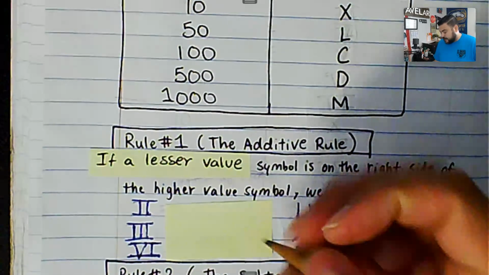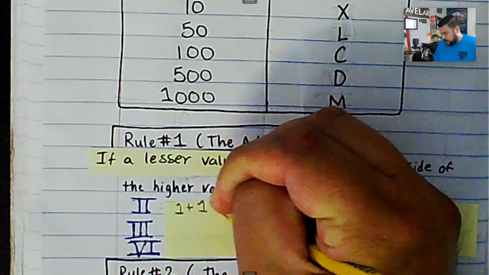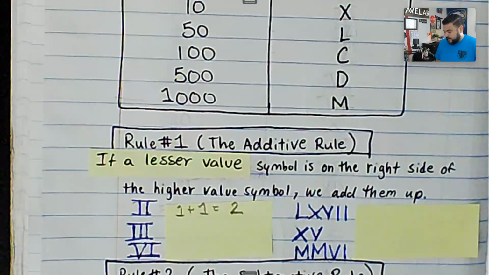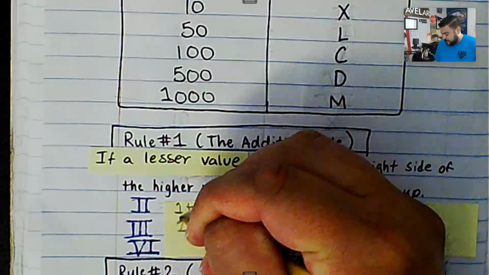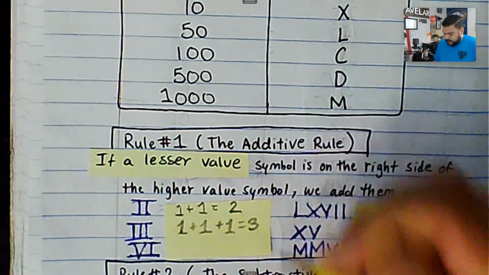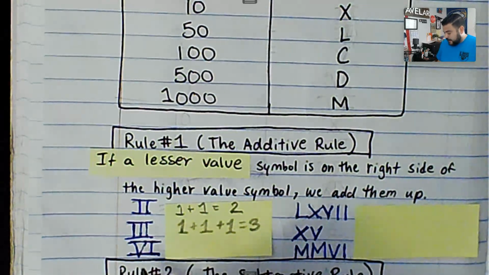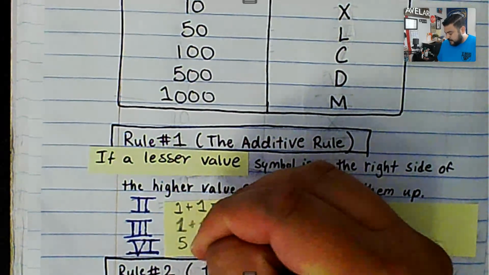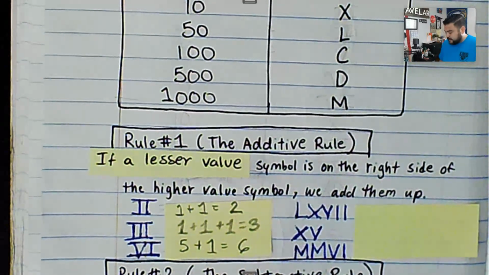Each tally represents what value? 1. 1 plus 1 is 2. Okay? 3 tallies is 1 plus 1 plus 1 equals 3. A V represents what value? 5. 5 plus 1 tally is 6. Okay? Then we have 6.